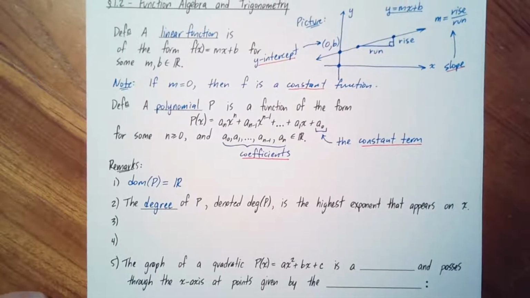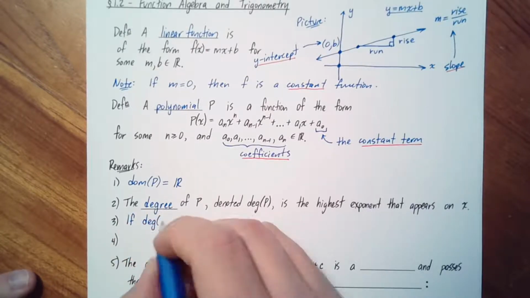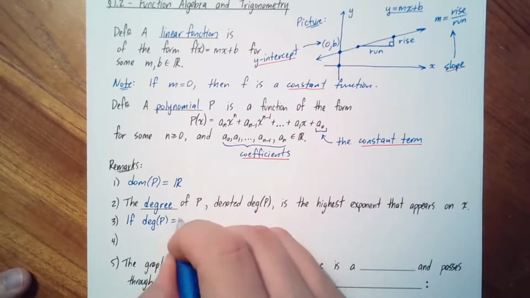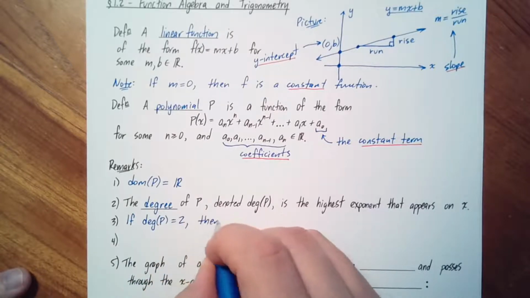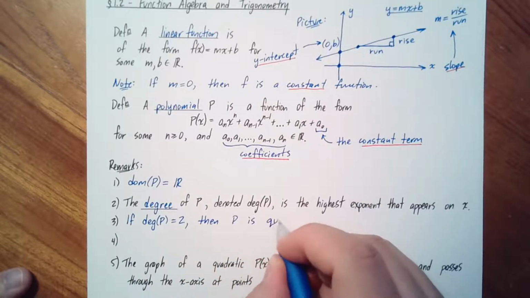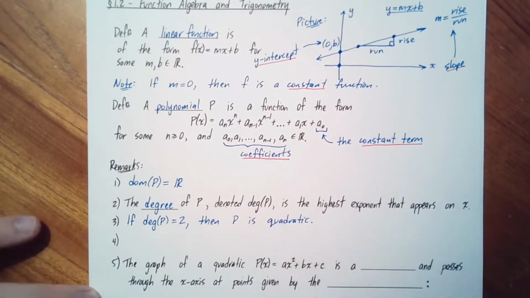Okay, so in specific cases, let's write this down, we'll practice using this notation. If the degree of the polynomial p is equal to 2, then we say that p is quadratic. Or you could say p is a quadratic. That's also fine, however you want to say it.